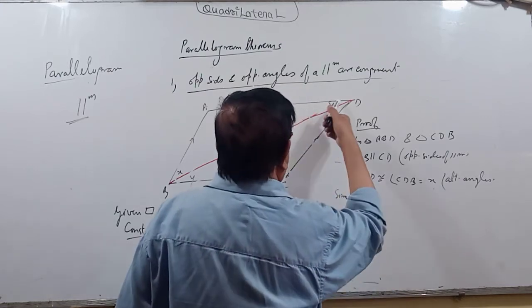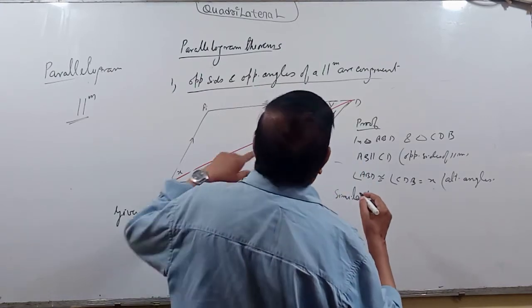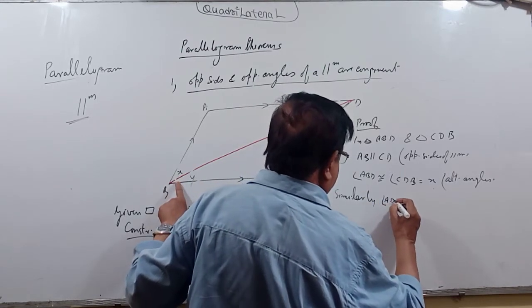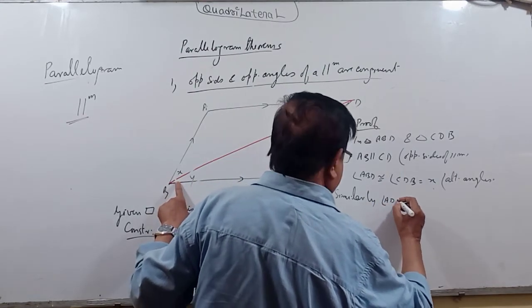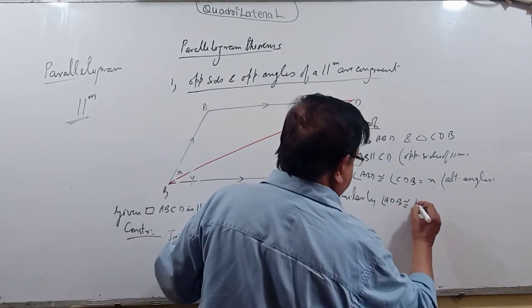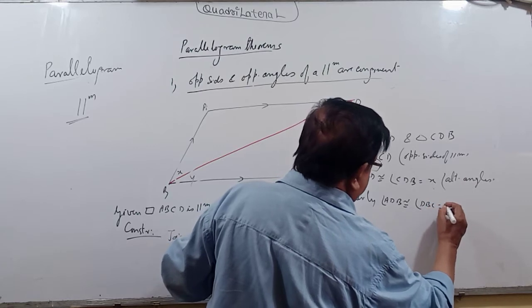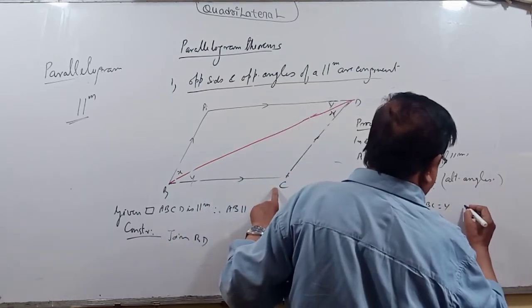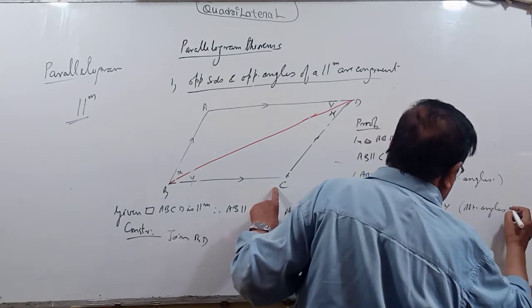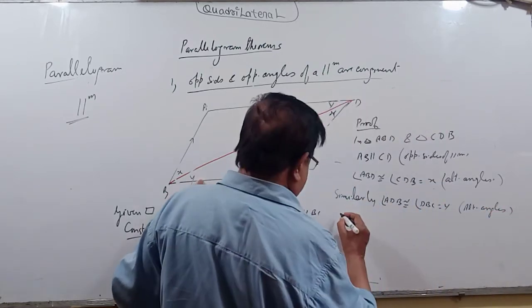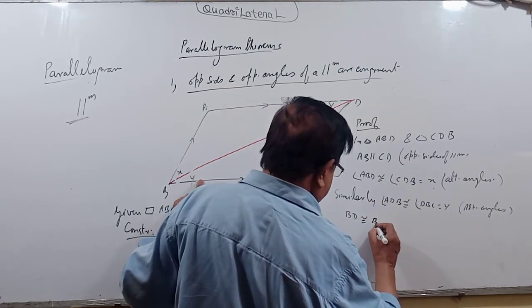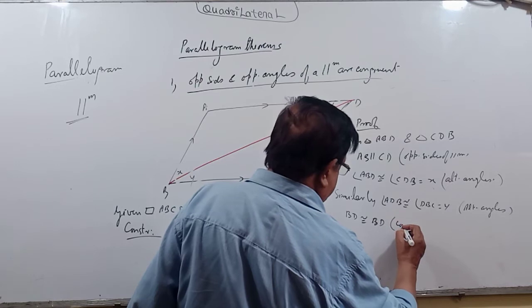Similarly, angle ADB is congruent to angle DBC, equal to Y. Again, alternate angles. And BD is congruent to BD, common side.